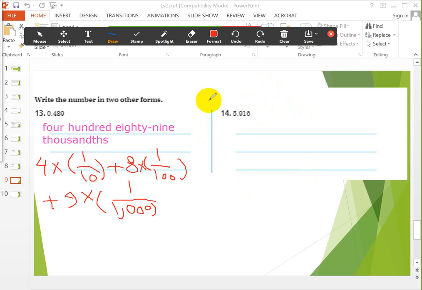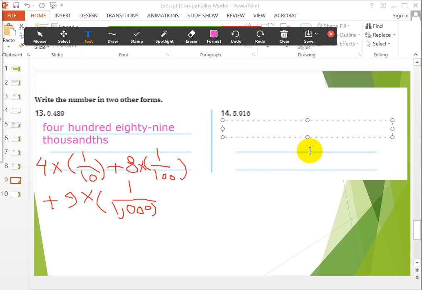What about number 14? Solve number 14. Number 14 is 5 and 916 thousandths. So I will write the number in word form as you read it.